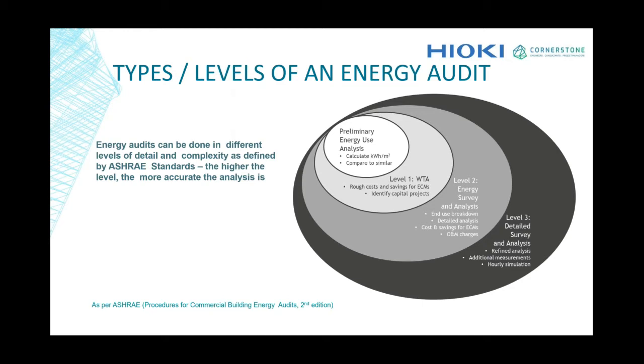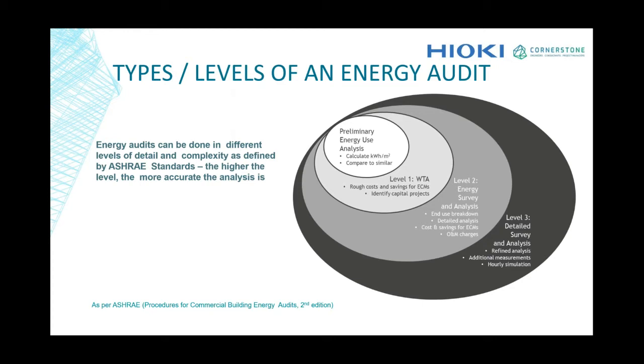There's more detail because we have gathered a higher amount of data from the site, and we're developing a proposal that gives you more information and reduced risk with respect to each solution proposed. It includes a more detailed cost and saving analysis, as well as operation and maintenance charges for maintaining that new improvement to an asset or a completely new asset itself.